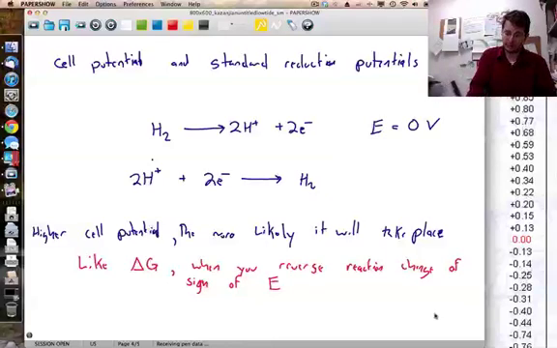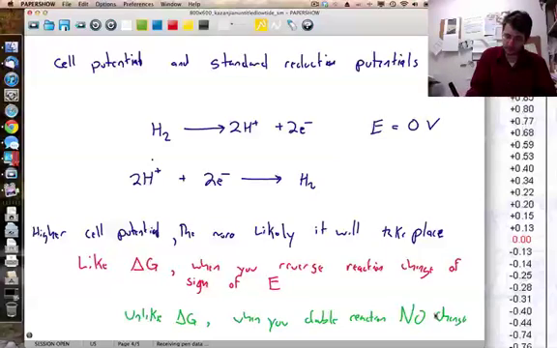All right? But unlike delta G, when you double the reaction, or when you change the stoichiometry, there's no change in the potential.